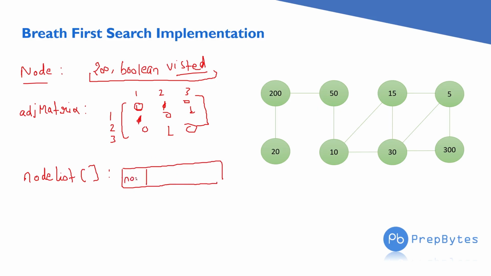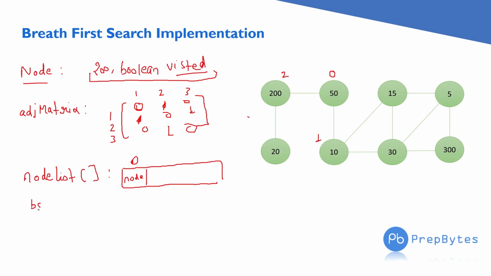So if it is node 0, it will be represented using index 0. If this is the first node that I insert, it will be inserted in the node list, in the first index. So 50 can be accessed with the index of 0. If next I insert 10, 10 can be accessed by the index 1. If I insert 200 after that, 200 will be accessed with the index 2. Fine. So this is the reason we are using a node list.